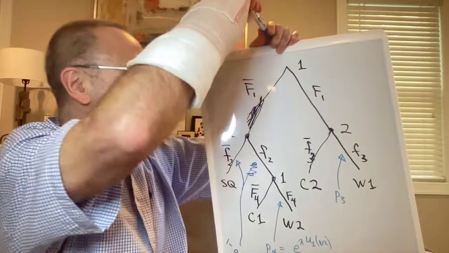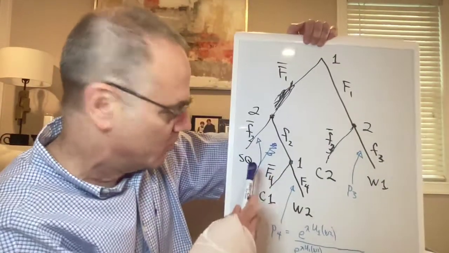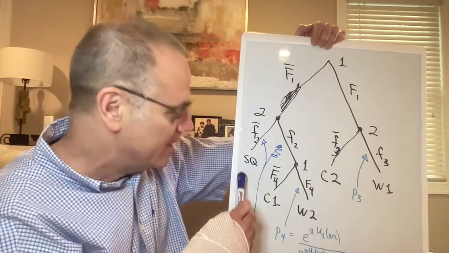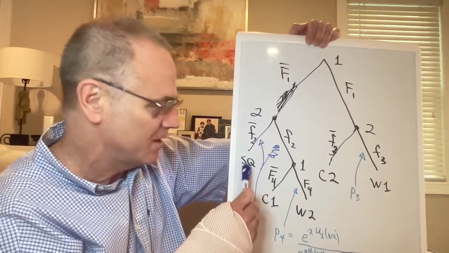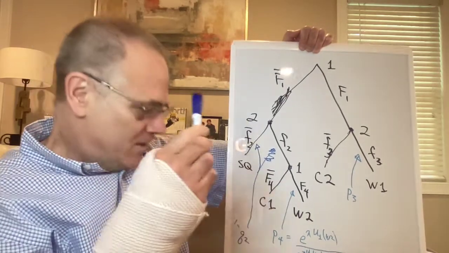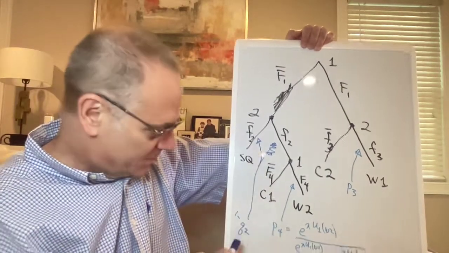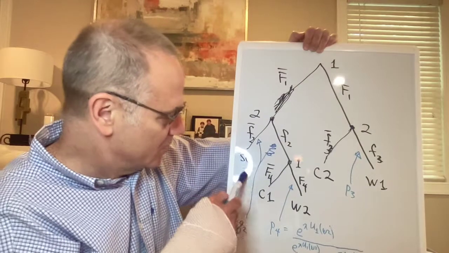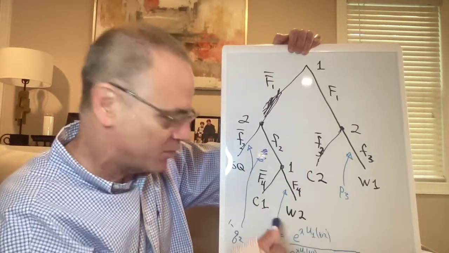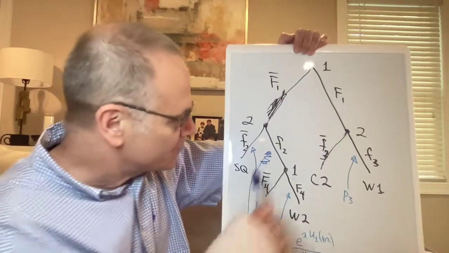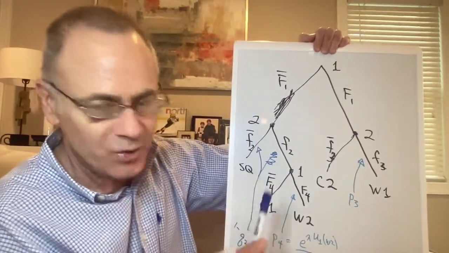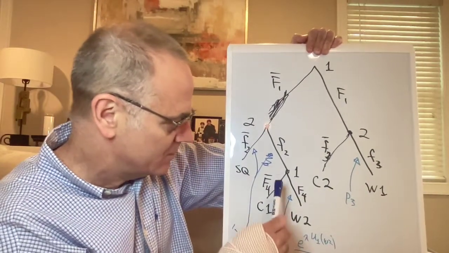Okay. So 1 minus Q2, all right, so when we do the McFadden trick, it's going to be e to the lambda of 2's utility from the status quo, divided by 2's utility from going down this branch. Now, if 2 goes down this branch, 2 doesn't know what she's going to get.